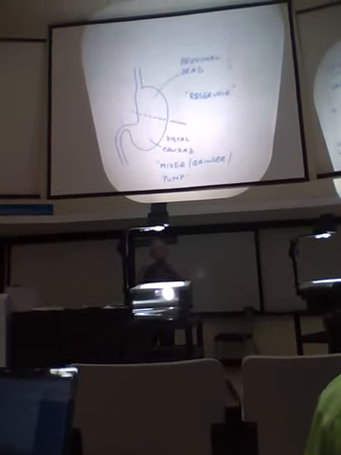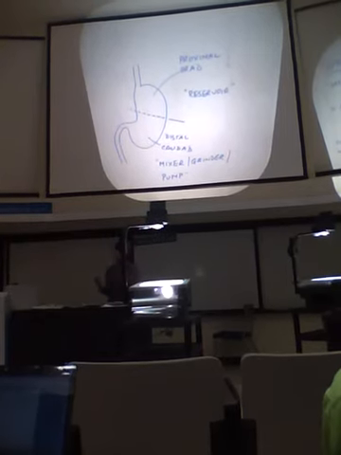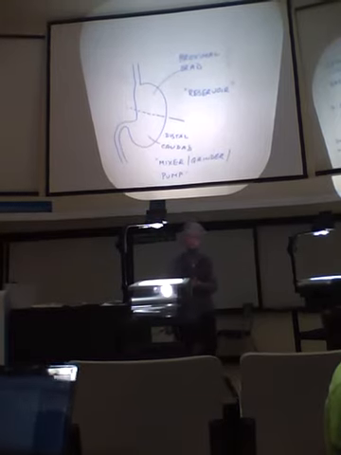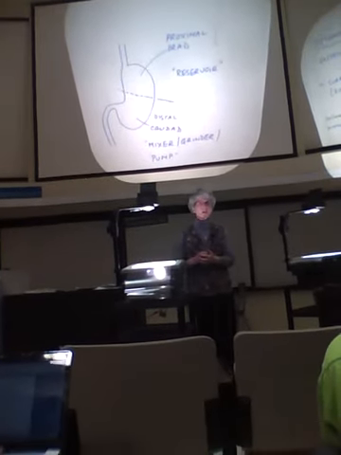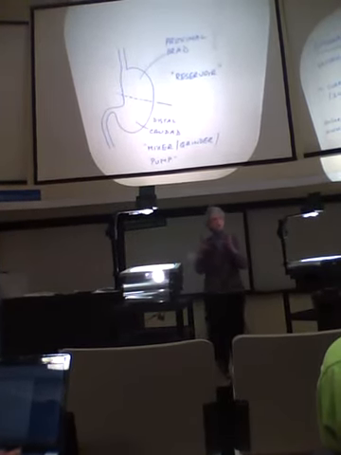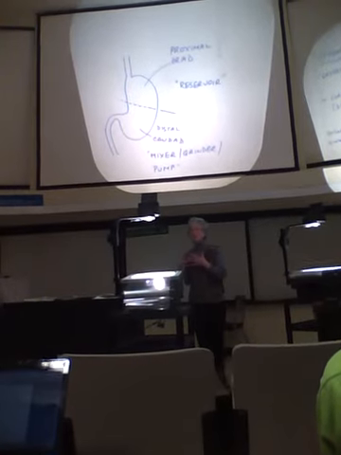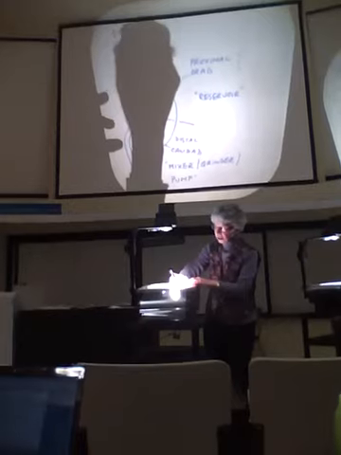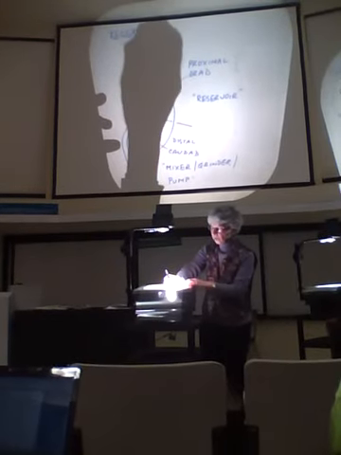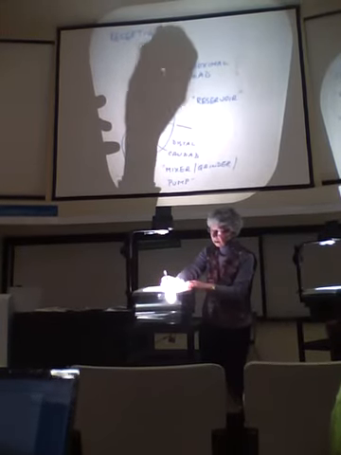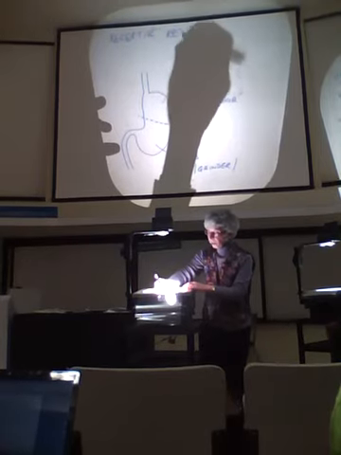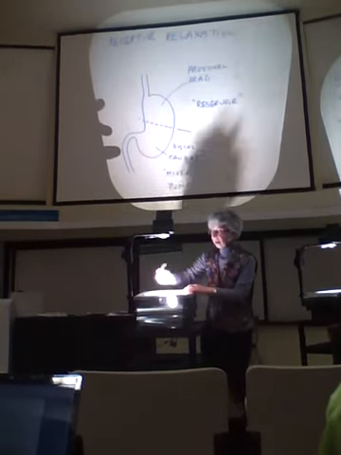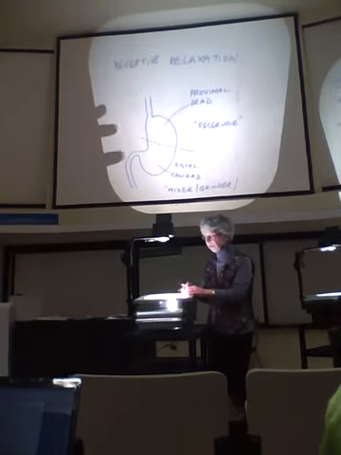And when the food comes from the esophagus and goes through the lower esophageal sphincter, it of course first goes into the upper portion of the stomach, and this part undergoes what is called receptive relaxation. Receptive relaxation allows for an increase in the volume without much significant change in pressure or tension in that region.